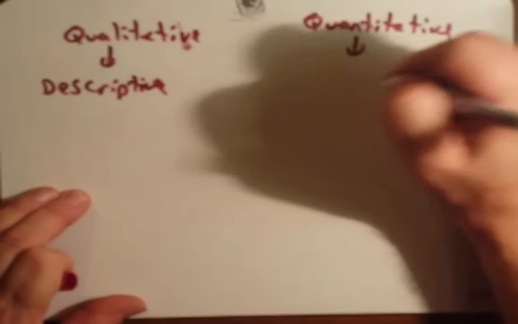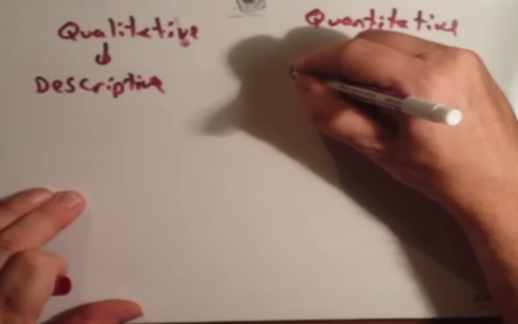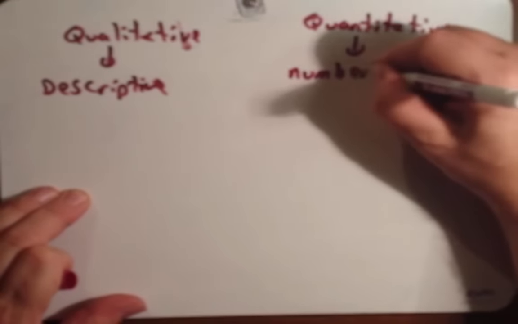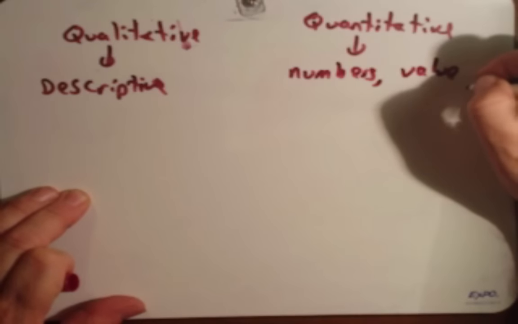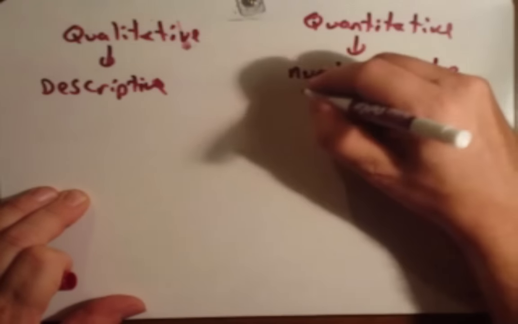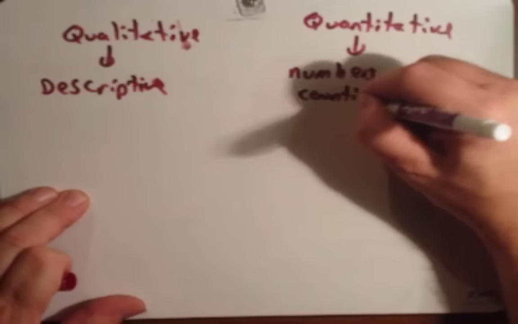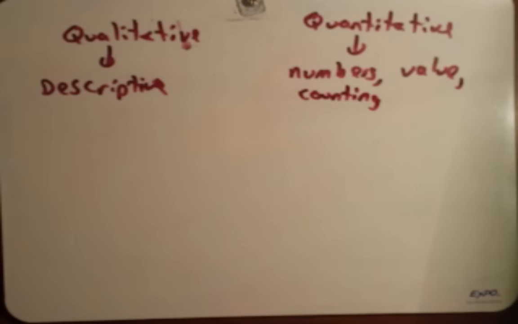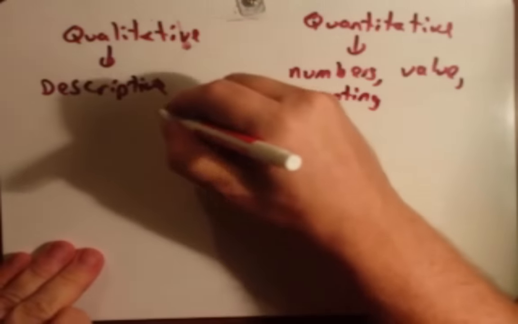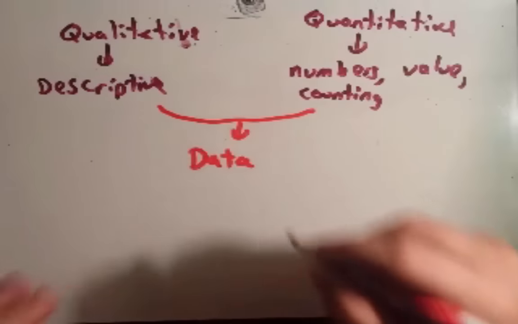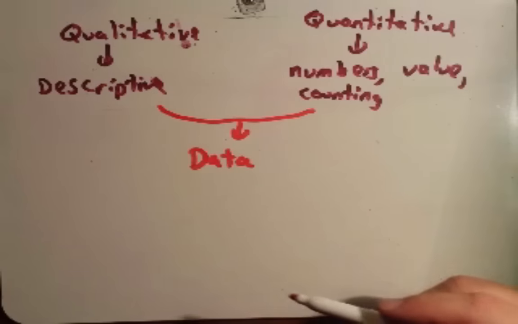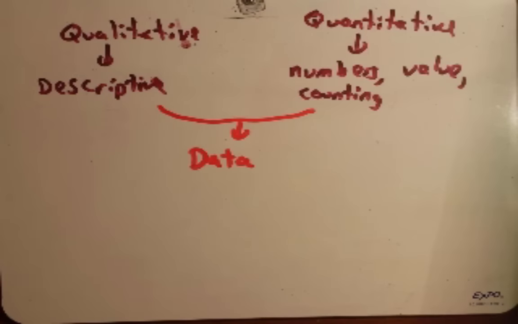Whereas quantitative data often implies that we're thinking about numbers, some kind of value, or counting something. However, whether we're talking about qualitative or quantitative data, they're still data. Sometimes we think quantitative data is really the data because we think data has to have numbers. But qualitative observations are also data.